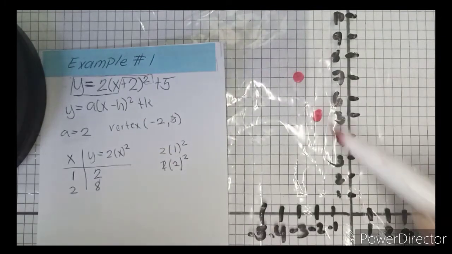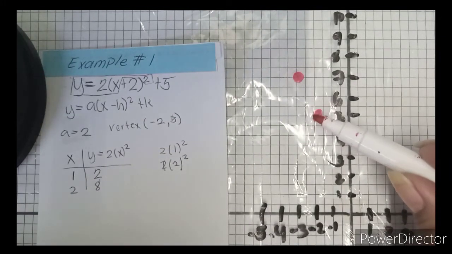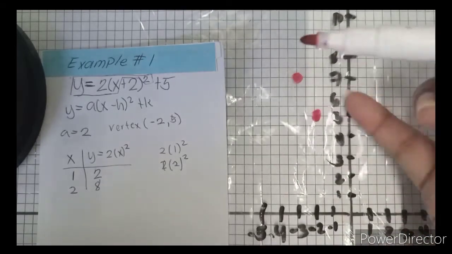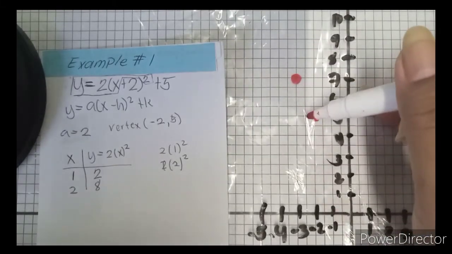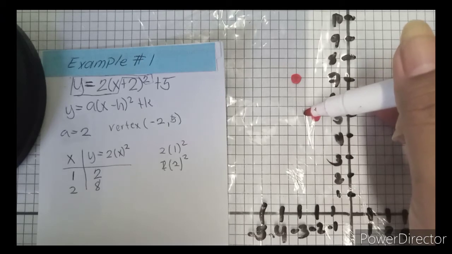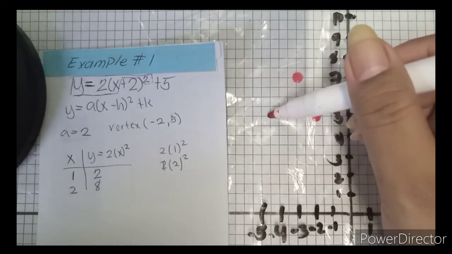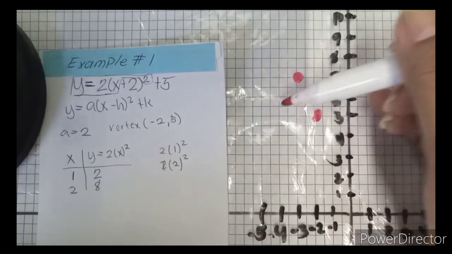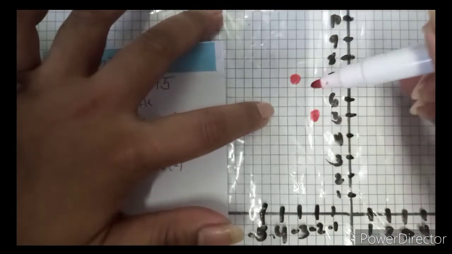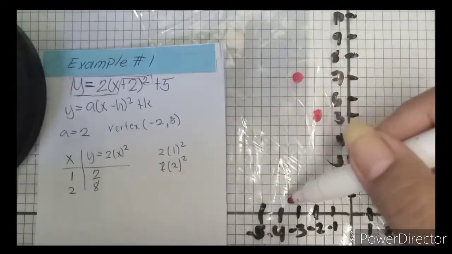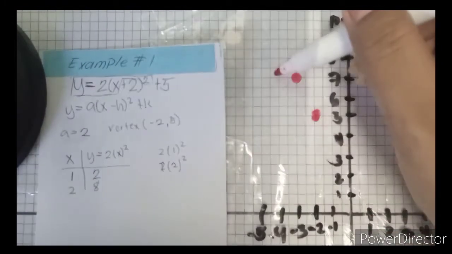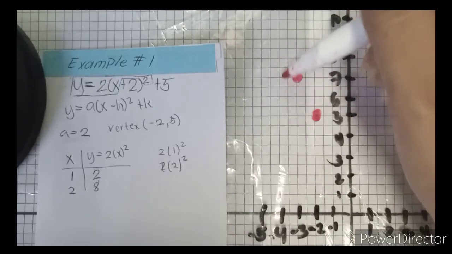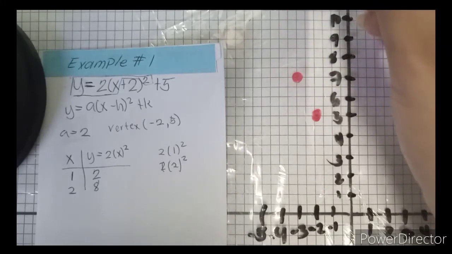So, from the vertex, mag-move daw tayo ng pakaliwa or pakanan ng dalawang beses. So, we have 1, 2. Dito tayo sa path ng 4. And then, upward daw tayo ng 8 beses. Okay. So, 1, 2, 3, 4, 5, 6, 7, 8.